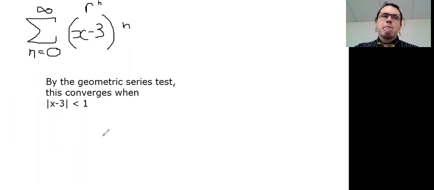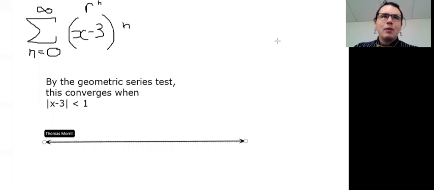Well, what I'm going to do is I've got this absolute value, and I can think of this as describing a domain on the number line. So what's the largest that x could be? What's the smallest that x can be?